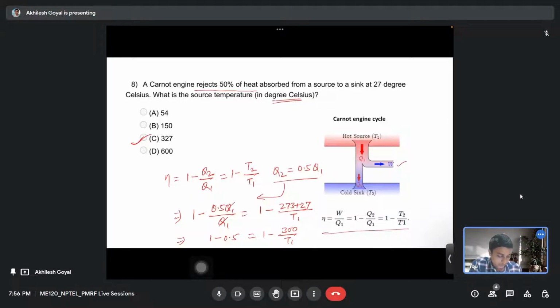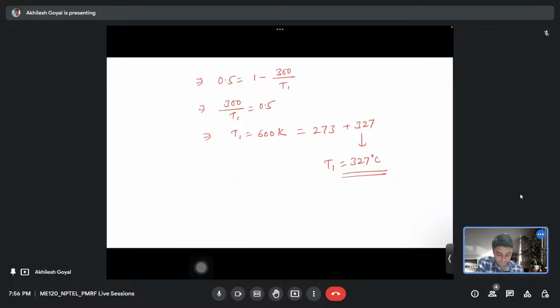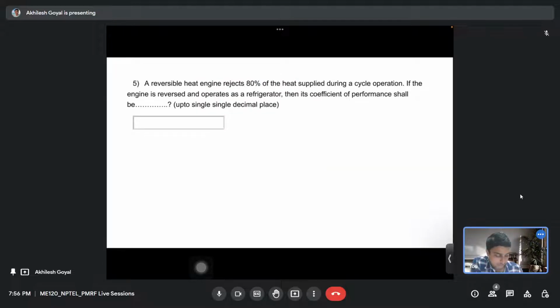Now let's move to the next question. The next question is: a reversible heat engine rejects 80% of the heat supplied during a cyclic operation. If the engine is reversed and operates as a refrigerator, then what shall its coefficient of performance be?